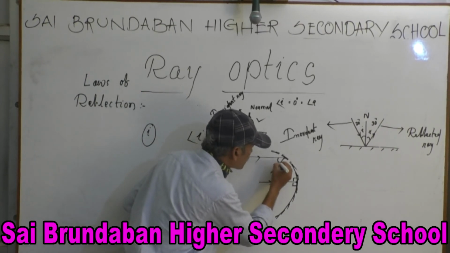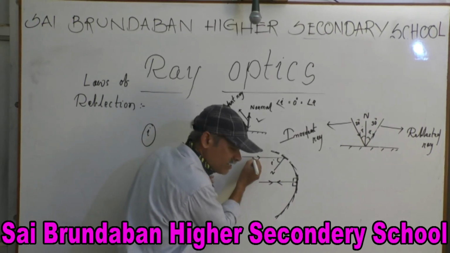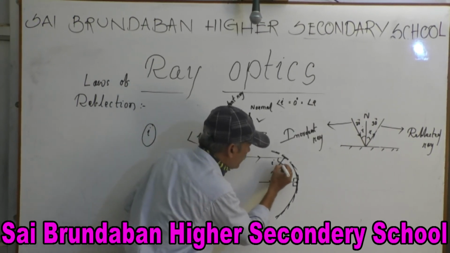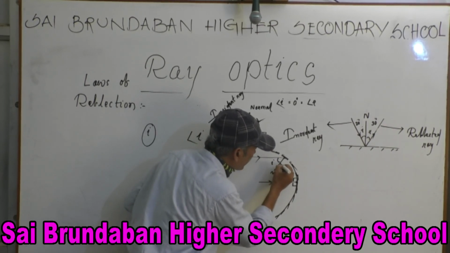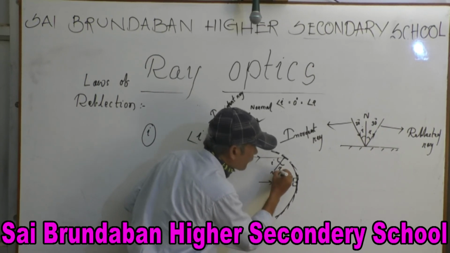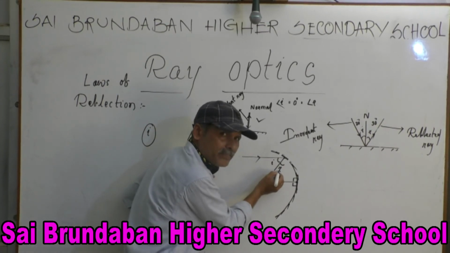No doubt, this is the angle of incidence, because this is the incident ray. So the same angle is to be drawn here. This is the angle of reflection. Angle of incidence must be equal to the angle of reflection.